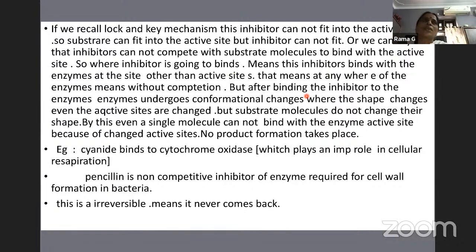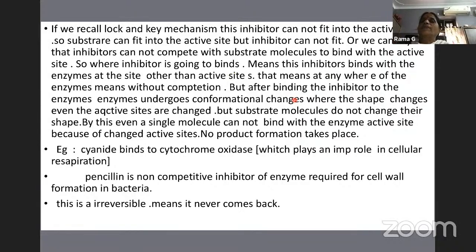One is the catalytic site and the other is the binding site. The catalytic site shows conformational changes, and it helps in breaking or making the bonds between the substrate molecules. So the binding of the inhibitor with the enzyme results in conformational changes in the enzyme.